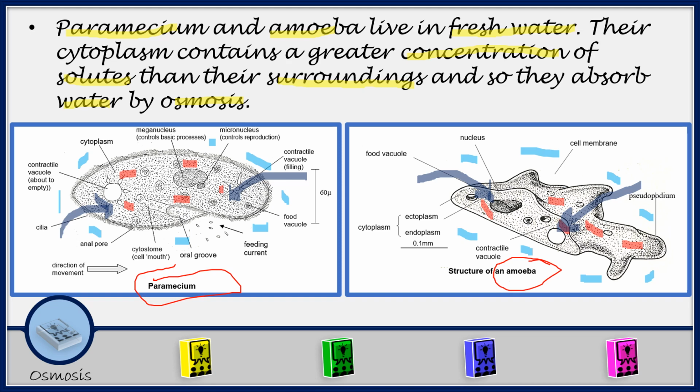So water will be moving from a region of high concentration of water to a region of low concentration of water, or from a region of low concentration of solutes to a region of high concentration of solutes. That's how water is going to move, by the process of osmosis.